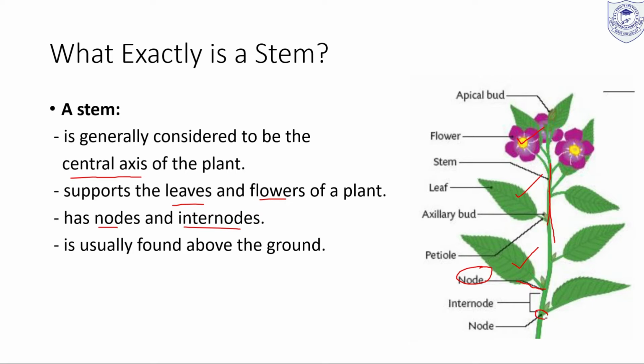So from these two portions of the stem, leaf arise, right? These two portions we call nodes, and the distance between these two nodes we call internodes, okay? Very easy, right? And the stem is usually found above the ground, okay? I hope you understand what is a stem.